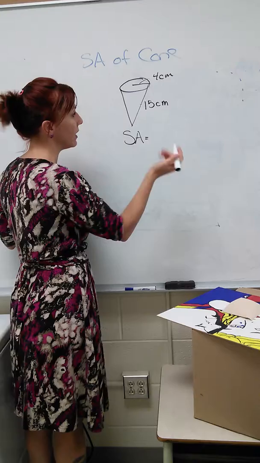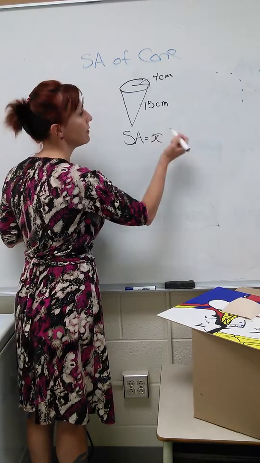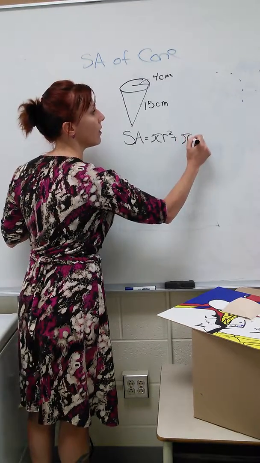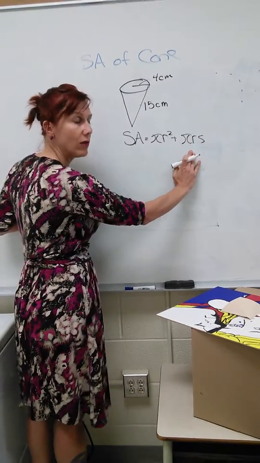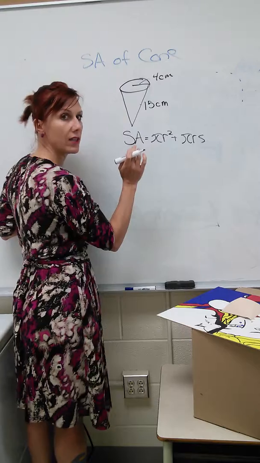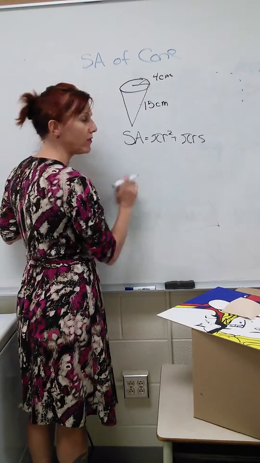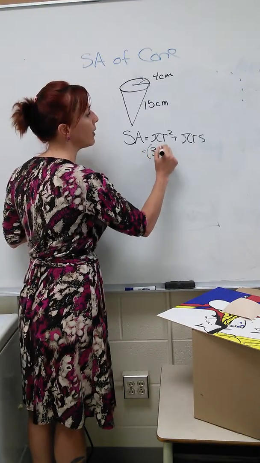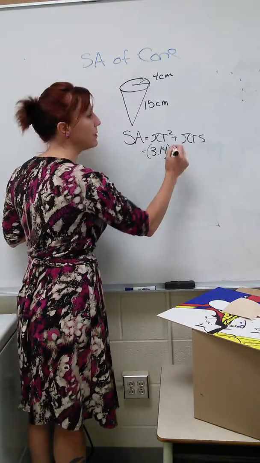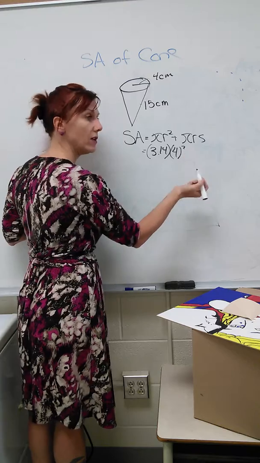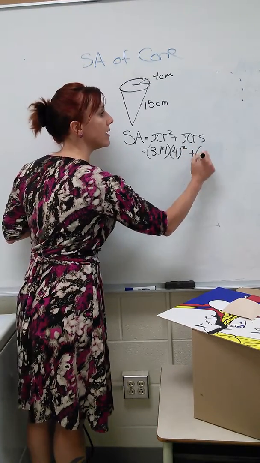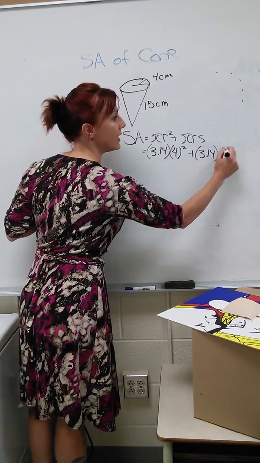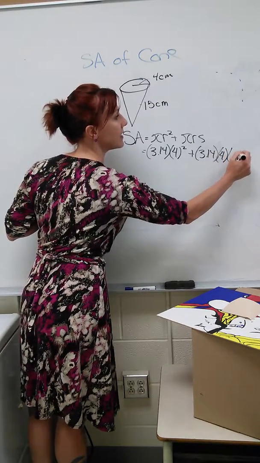Surface area of a cone is pi r squared plus pi r s. This is for the circle and this is for the lateral. All I'm going to do now is plug in my numbers. So I have 3.14 times 4 squared plus 3.14 times my radius times my slant.